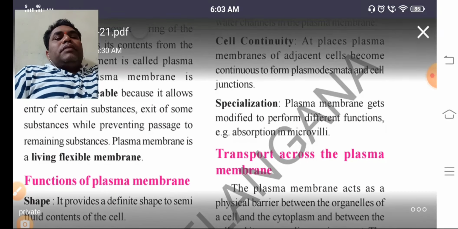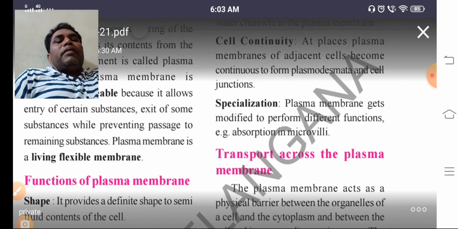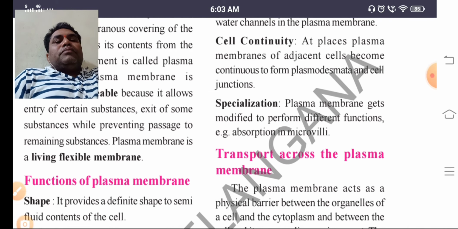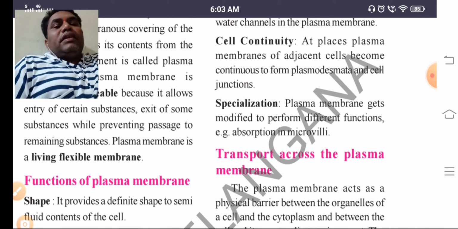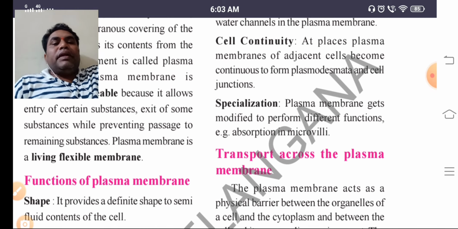Specialization: plasma membrane gets modified to perform different functions like absorption in microvilli. So plasma membrane is special for absorption of materials.